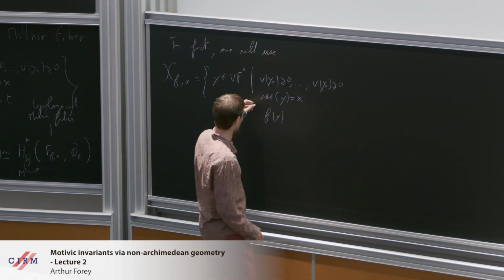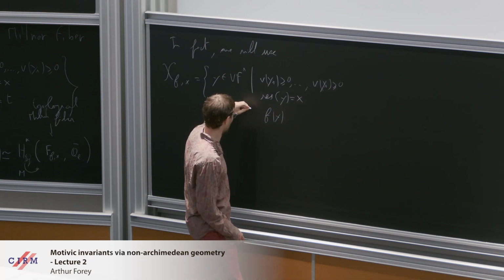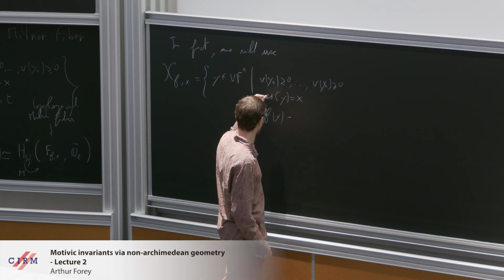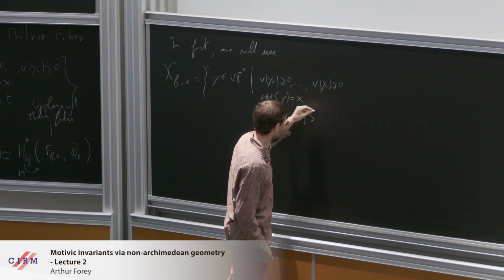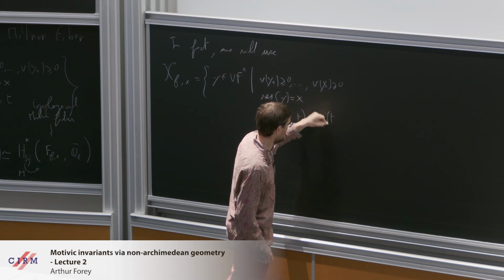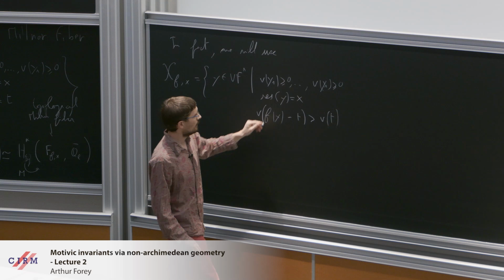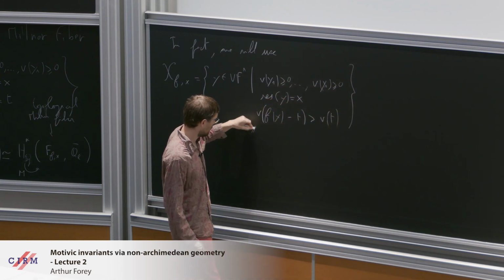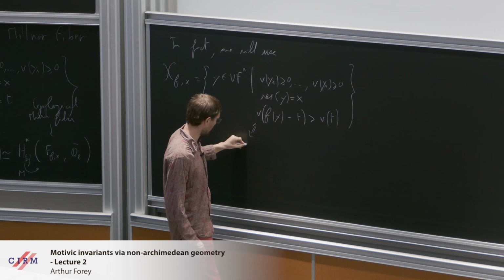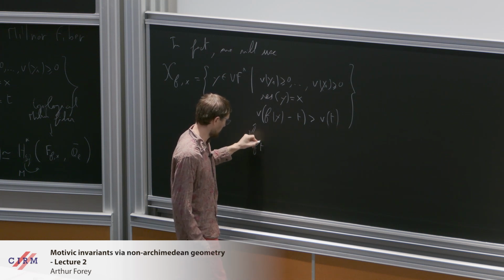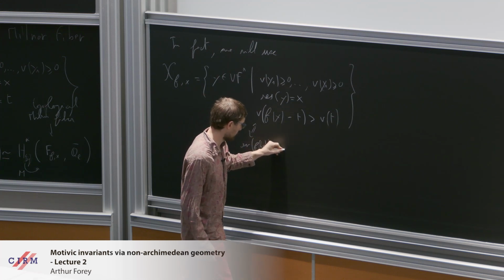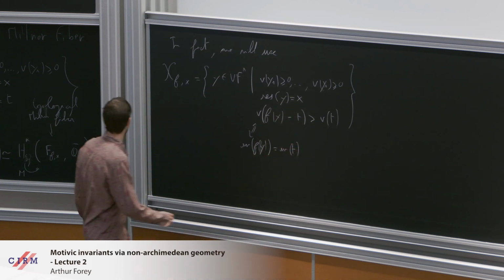By close to t, one way to phrase this is to say that the valuation of f of y minus t is strictly bigger than the valuation of t. And this condition is equivalent to just asking that, remember the RV map from yesterday, RV of f of y is equal to RV of t.